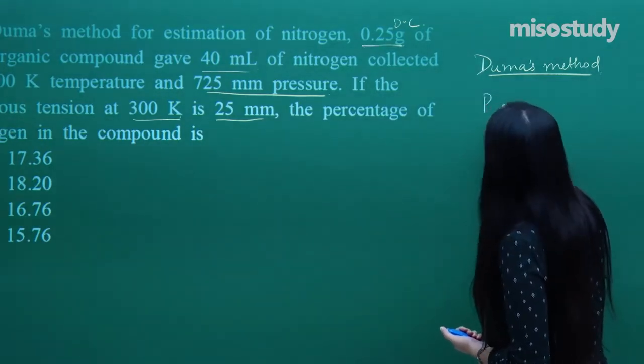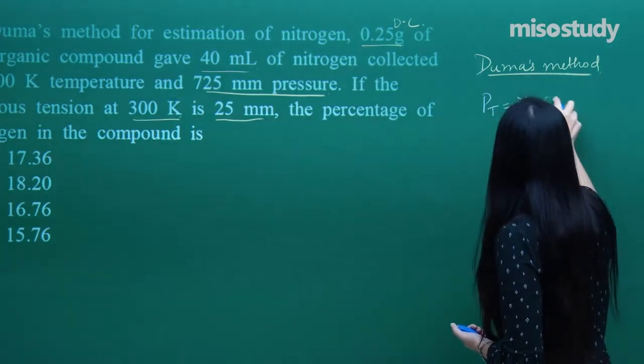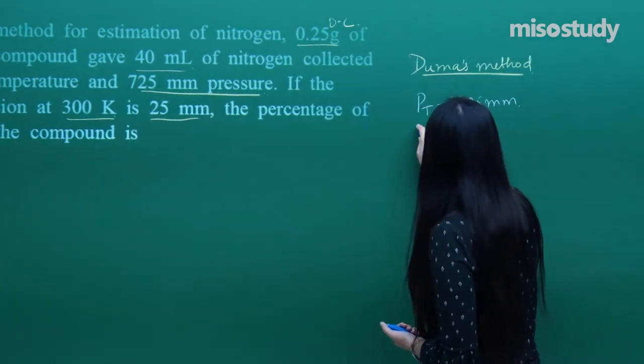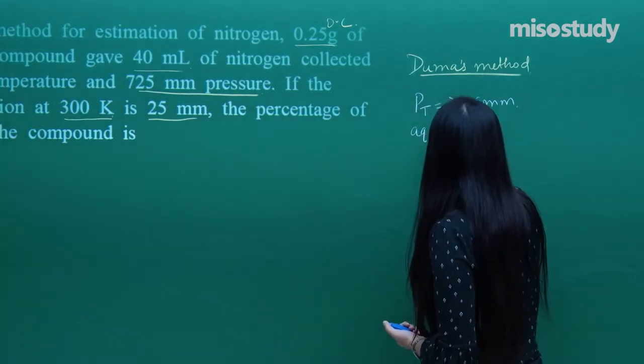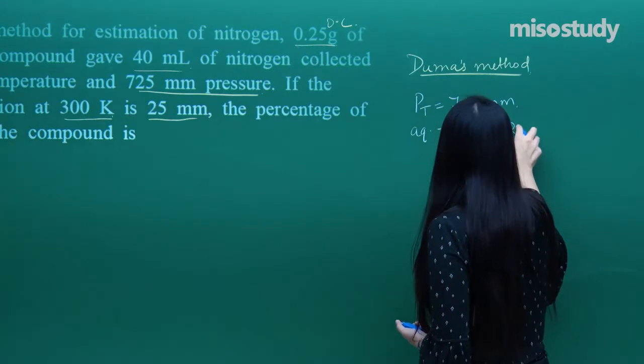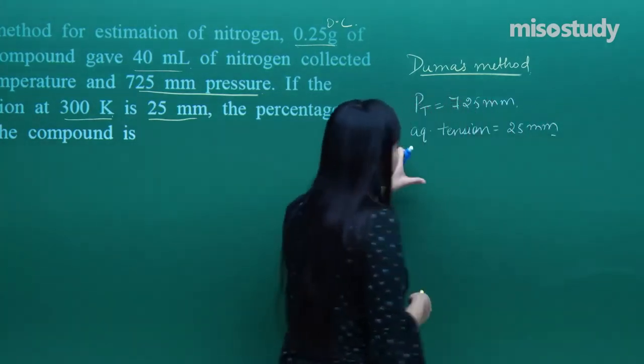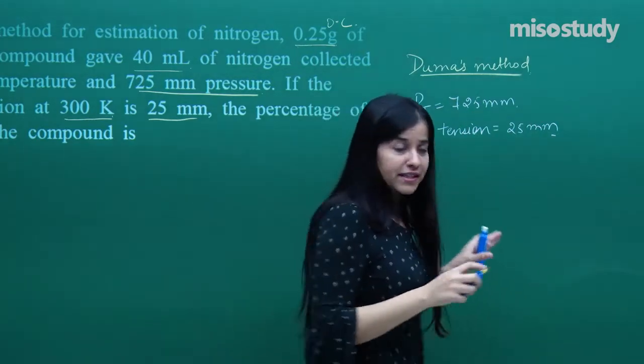So in the Dumas method, I have been given the pressure, that is the total pressure. It's 725 mm. Aqueous tension is given, 25 mm, I guess. Yes, right. So what will be the pressure of the dry gas?